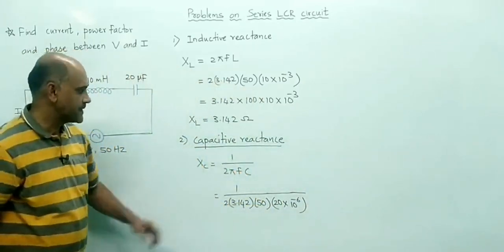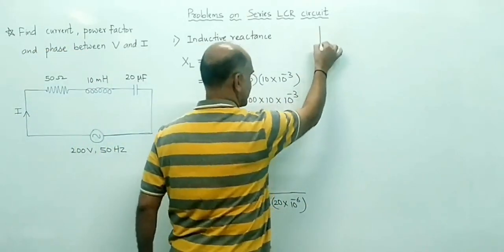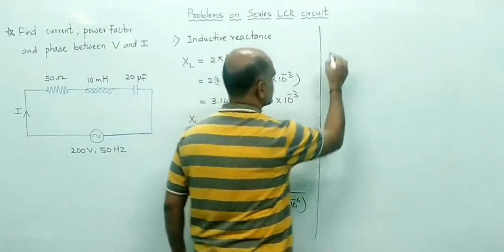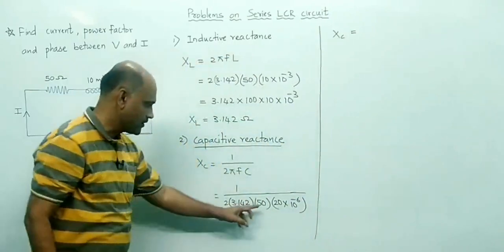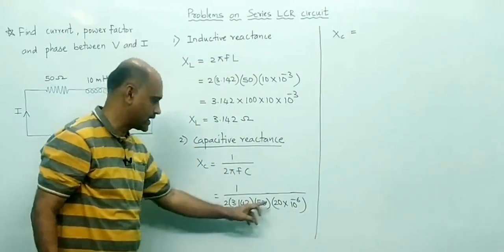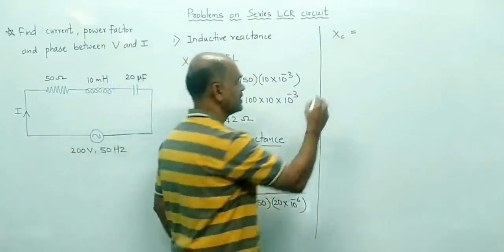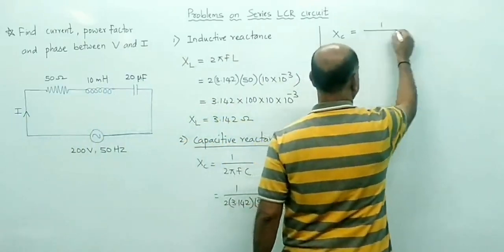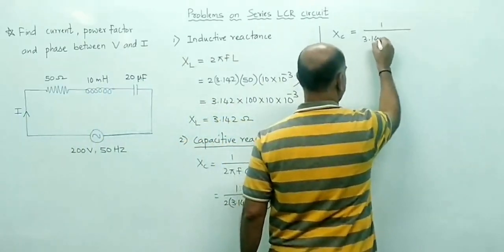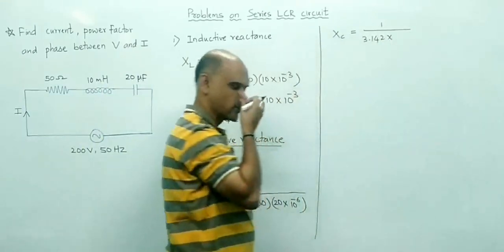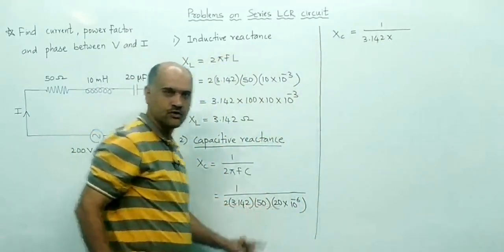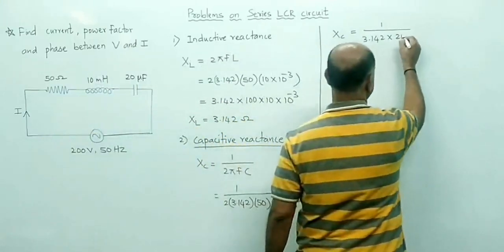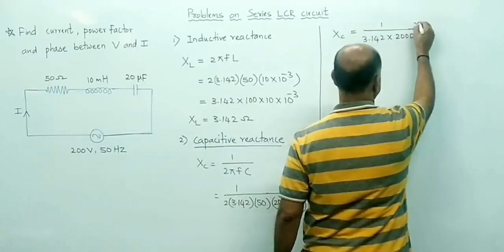So now if I simplify this, XC is equal to 1 by 3.142 into 50 into 200, that is 100 into 20, 2000, into 10 raised to minus 6.